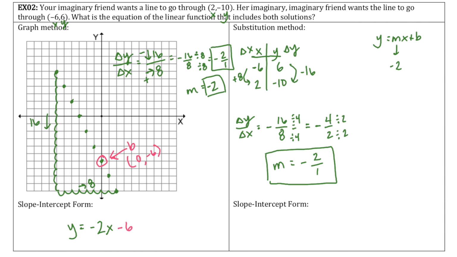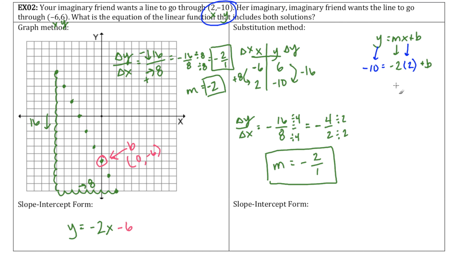And let's take (2, -10). I'm going to use this point right here. So that's 2, and then that is negative 10, and then we have plus b.